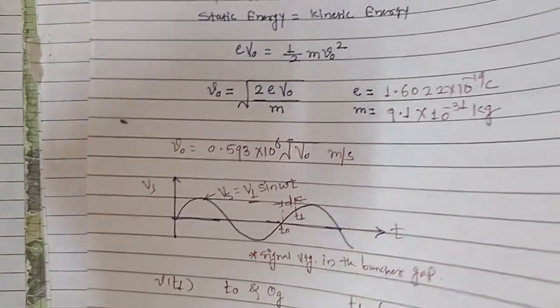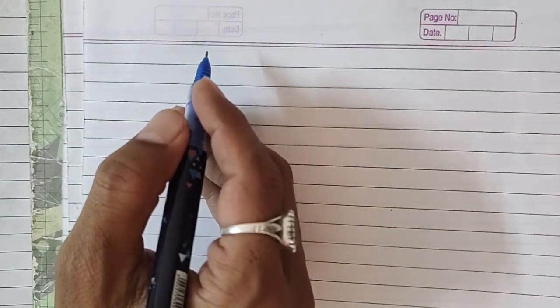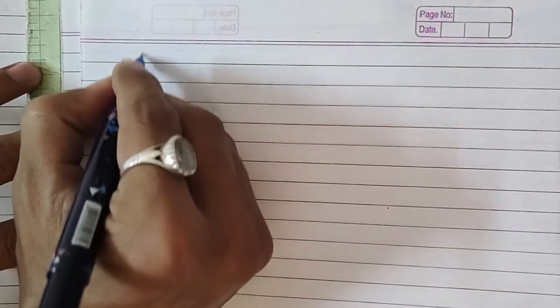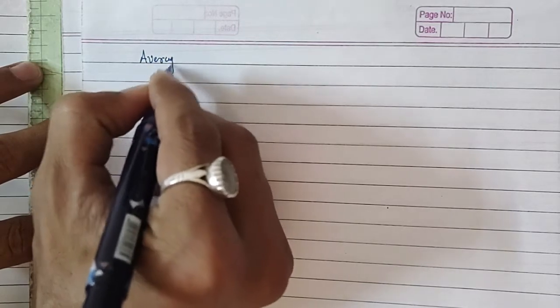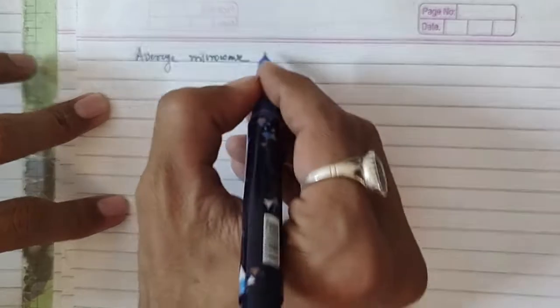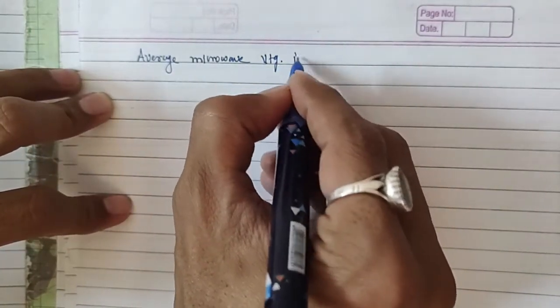Now we'll write for average microwave signal voltage in the buncher gap.